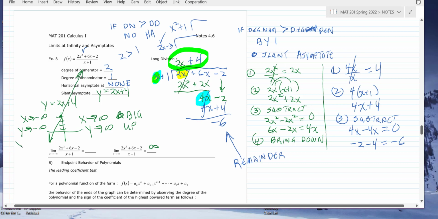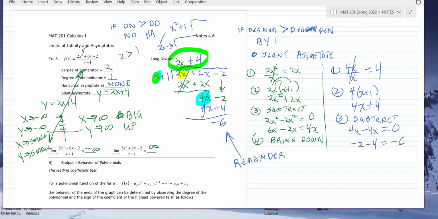That just means if x gets small, if you get into negative x values, y gets small also. So that's a good way to think about it. That would mean the answer to the limit at negative infinity would also be negative infinity. It turns out that the slant asymptote will tell you all you need to know to answer the question about the limit at infinity. That's all you got to do.